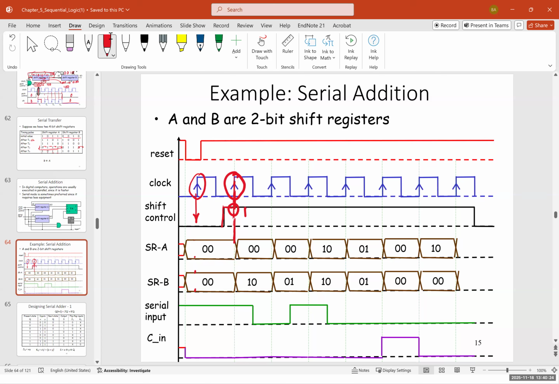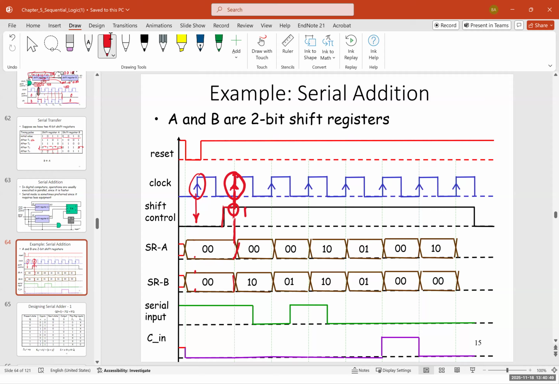The clock is rising edge triggered, and then we have the shift control 1. And what happens here? It changes the status of shift register A, and when we change shift register A, it would also change shift register B.